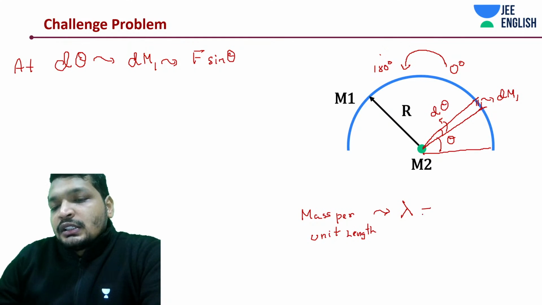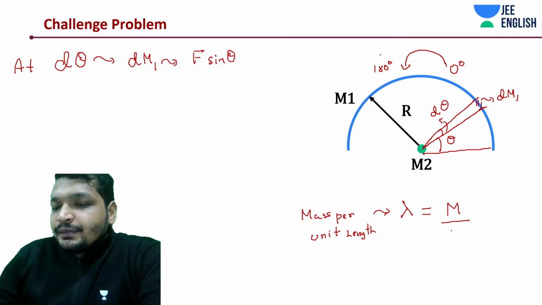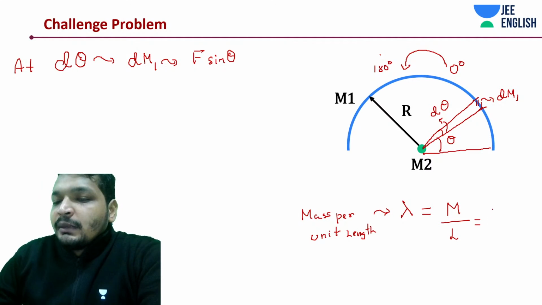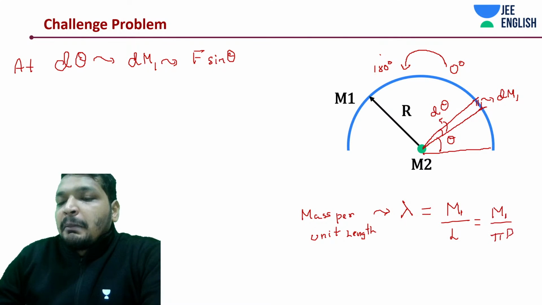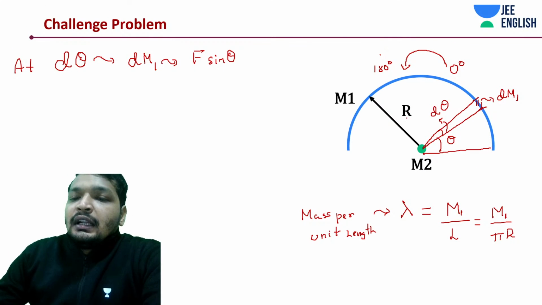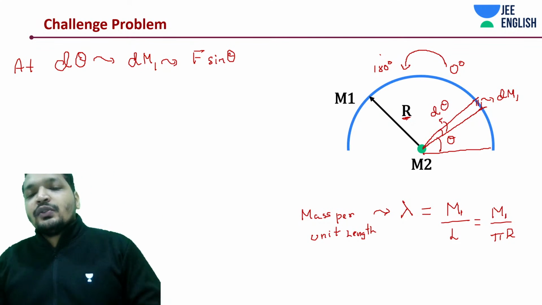This is going to be mass divided by the length of this ring. It is m1 divided by pi r, radius r, and it is only half of the ring, not 2 pi r, so only that circumference it has.